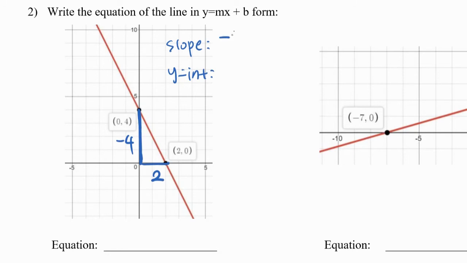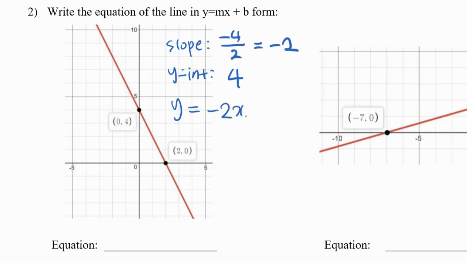The slope is -4 over 2. That is -2. And the y-intercept is 4. Then the equation should be y equals -2x plus 4. So this is how you write an equation using a given graph.